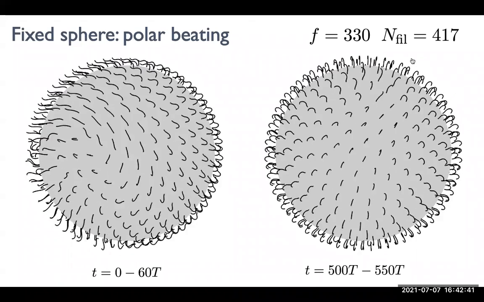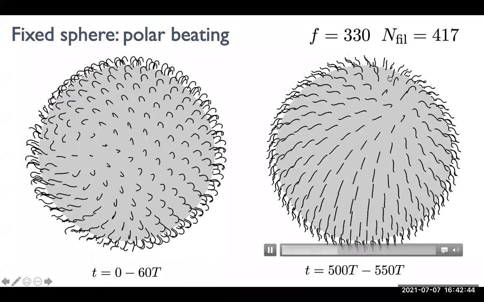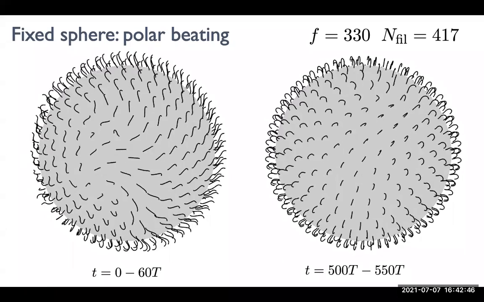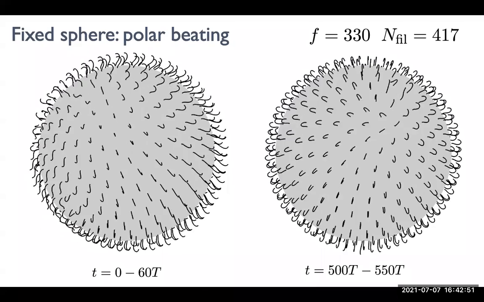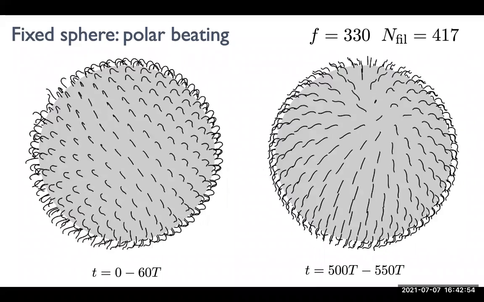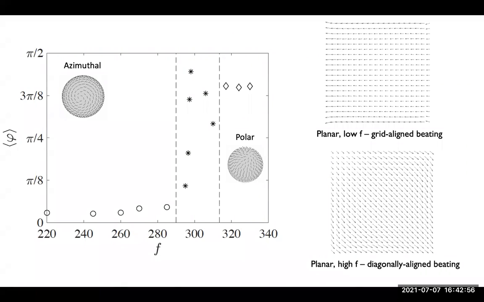You can see a little bit that towards the pole, the pole moves around a little bit, I think due to the discrete nature of the filaments. And so what you could do is a bit of a sweep and examine the net, the average angle with respect to the phi direction, so moving along the meridians.